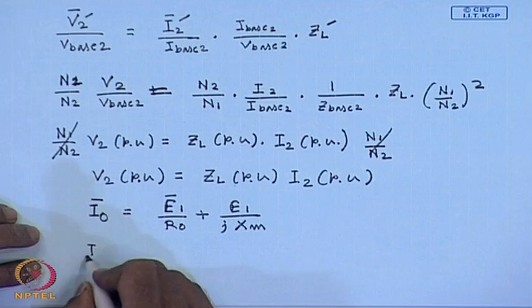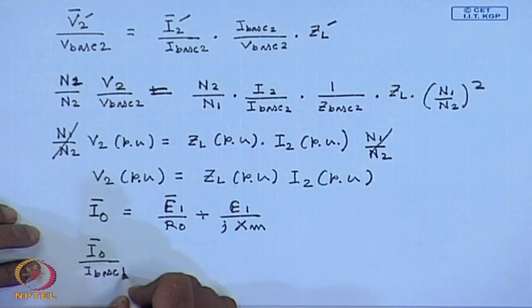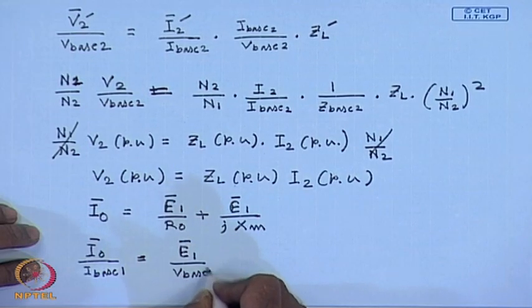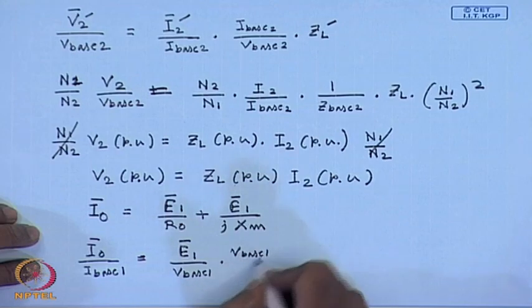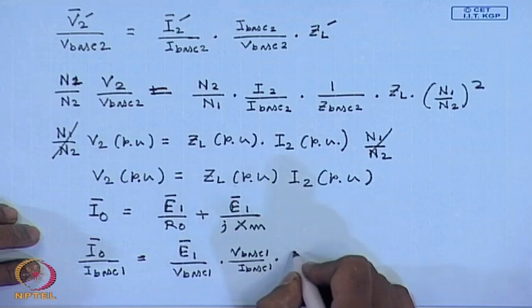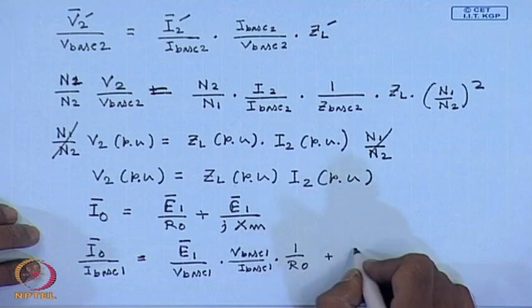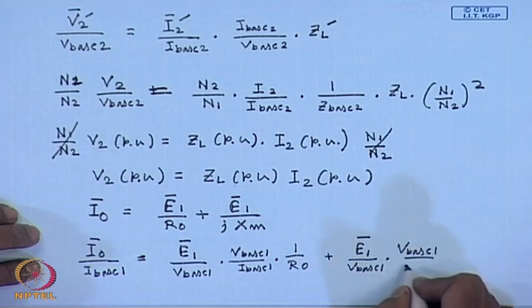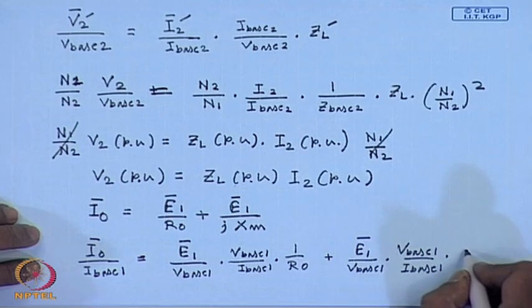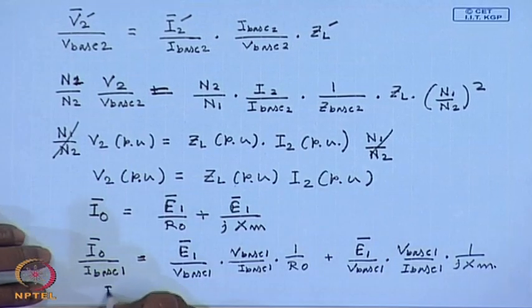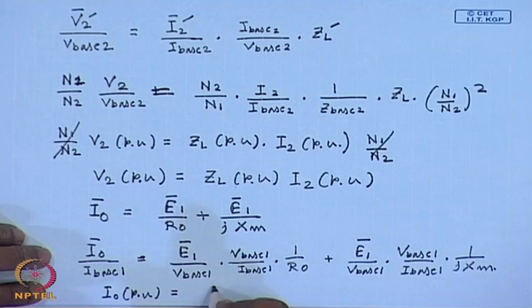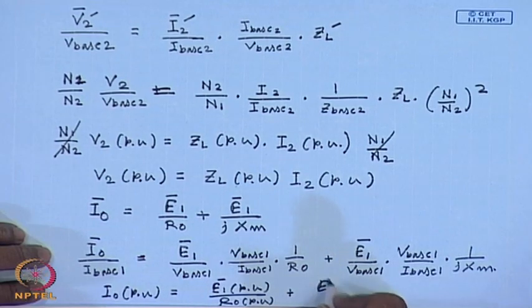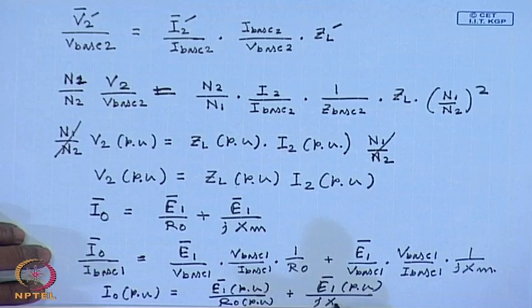One can write I 0 by I base 1 equal to E 1 bar by V base 1 into V base 1 by I base 1 into 1 by R 0 plus E 1 bar by V base 1 into V base 1 by I base 1 into 1 by J x m, or I 0 per unit equal to E 1 per unit divided by R 0 per unit plus E 1 per unit divided by J x m per unit.